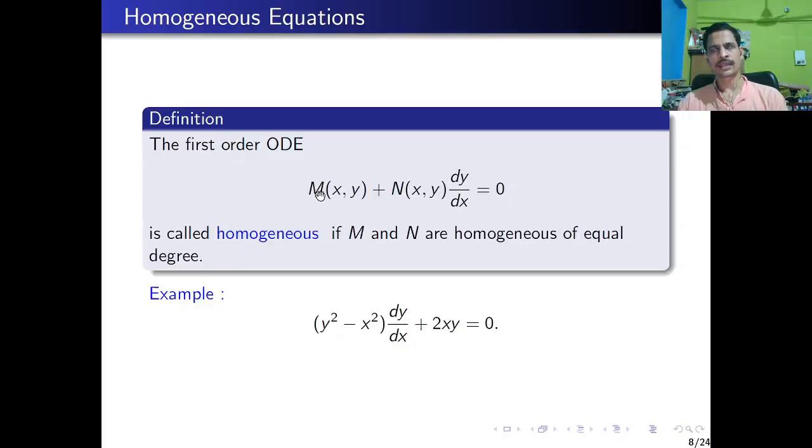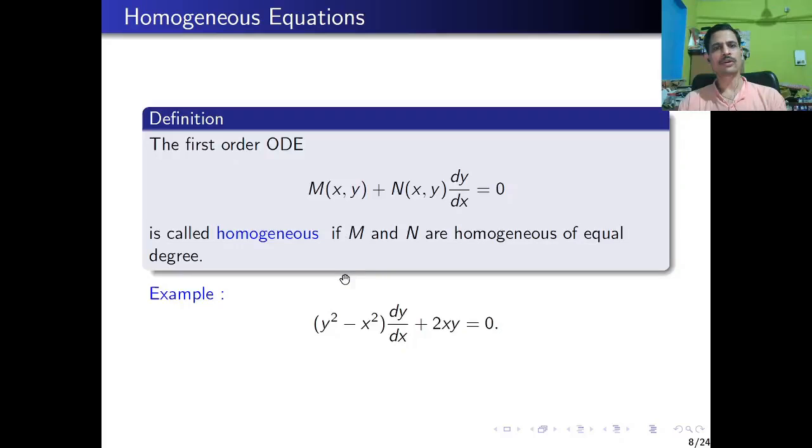That means, as defined in the previous slide, M needs to be homogeneous and N needs to be homogeneous, and M will have some degree of homogeneity and N will have some degree of homogeneity. That degree should be equal. Then this first order ODE is called a homogeneous first order ODE.